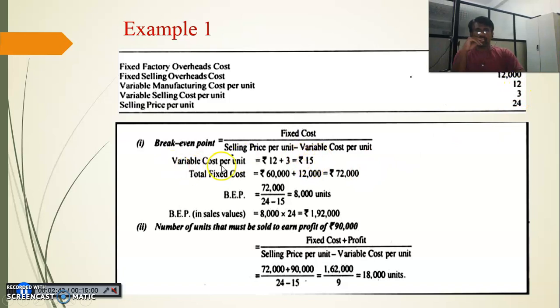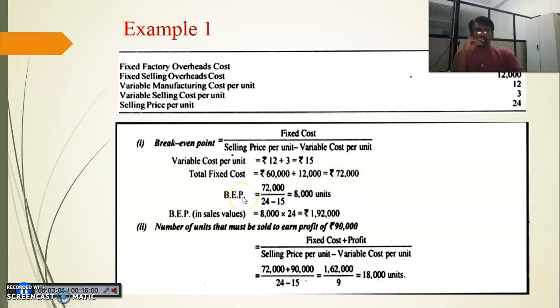So our total variable cost per unit becomes 15 rupees. And total fixed cost is the fixed cost for the factory and fixed cost for the selling. So 60,000 plus 12,000, that is 72,000, becomes your total fixed cost.